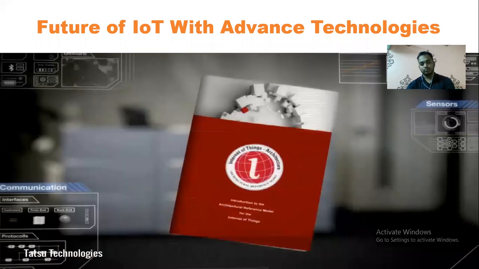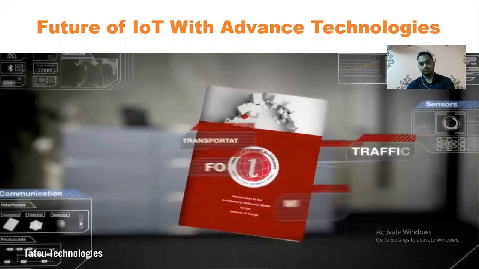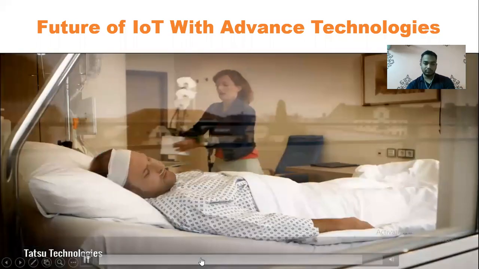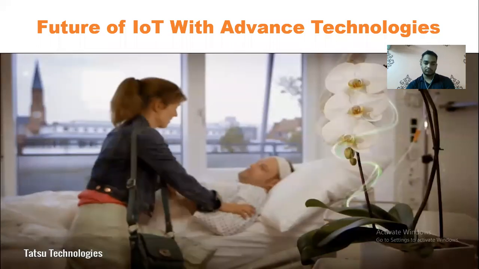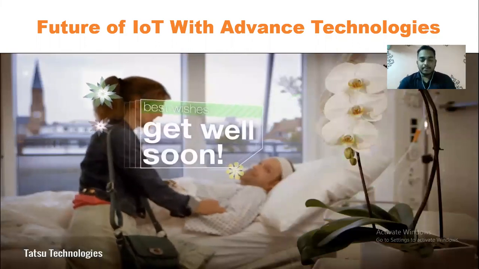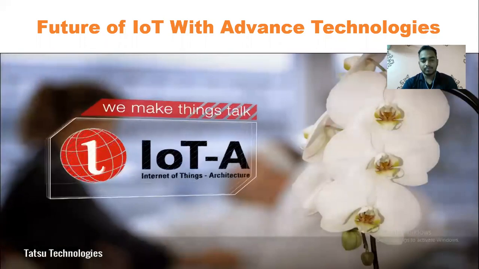The IoT ARM is a sort of compendium for a common language of the Internet of Things, a toolbox for developers. So yes, in the future, things will talk to us and to each other to make our lives easier and safer. And we will make them talk.